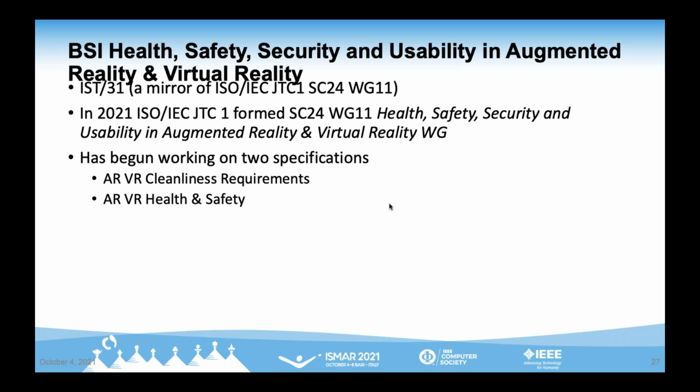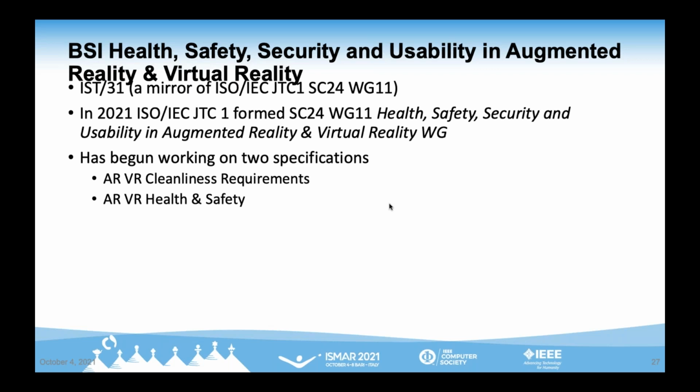The British Standards Institute has a mirror of ISO IEC JTC1 Subcommittee 24, of which it is chair, the BSI, and they've started a new working group on health, safety, security, and usability in AR and VR.